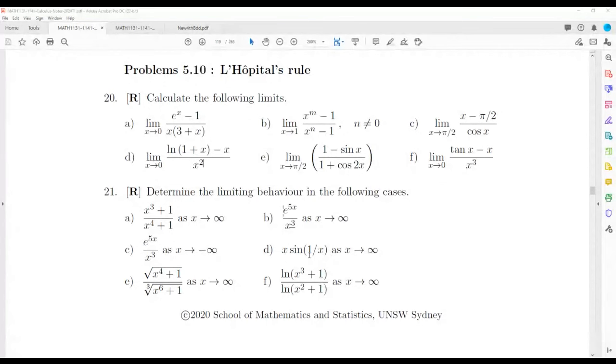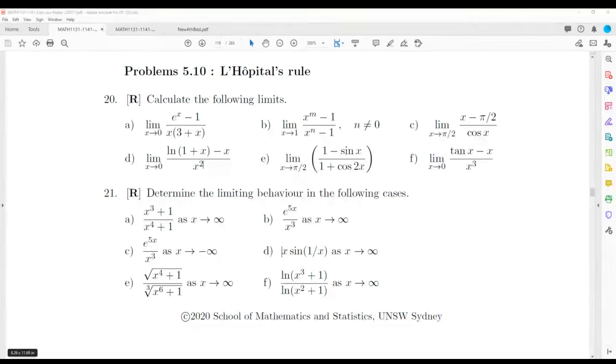Okay, so this is an interesting question right here. Part D. So what is x times sine 1 on x as x gets large and positive? Okay, this is a very interesting question.